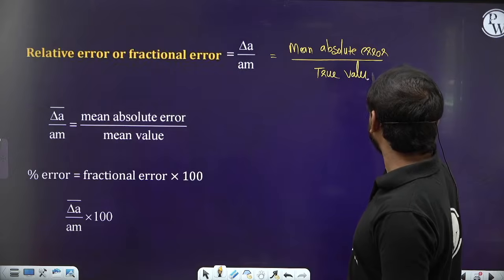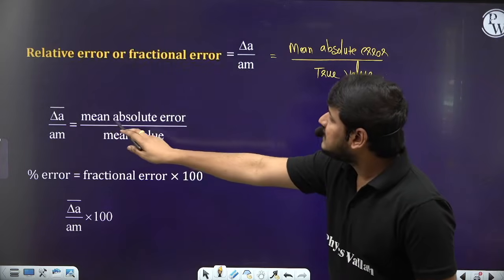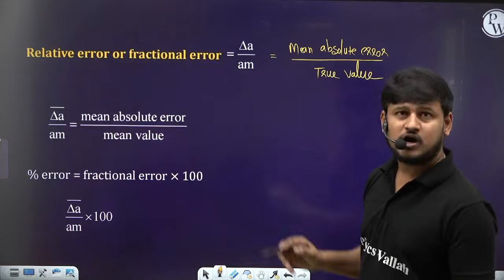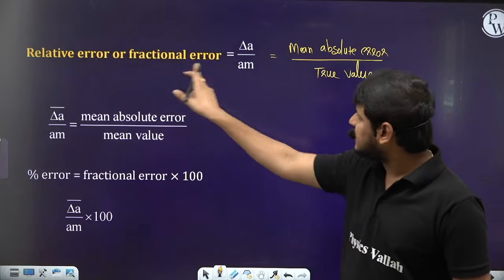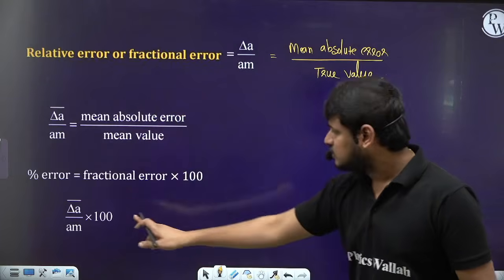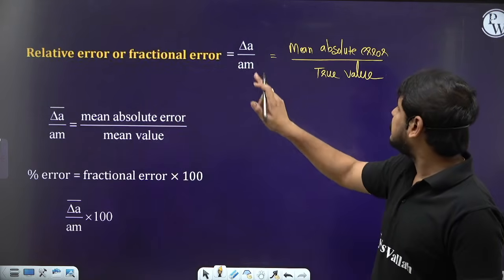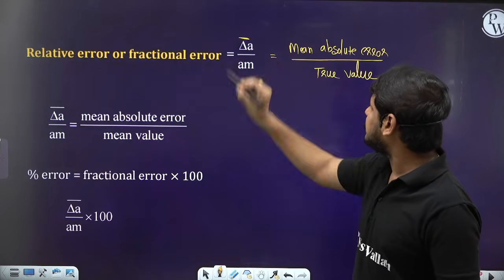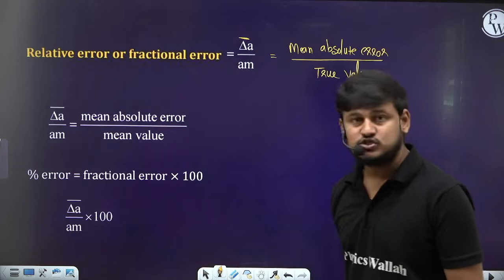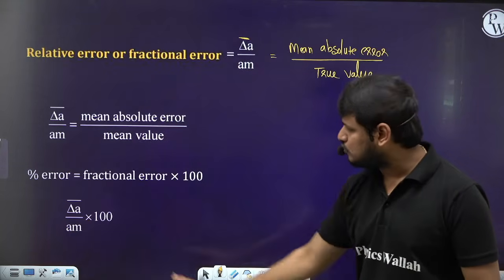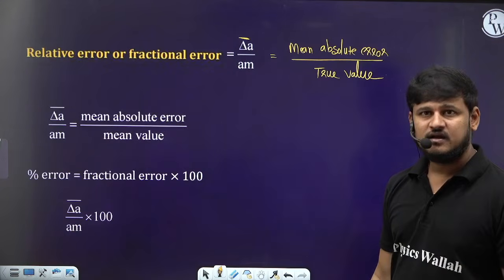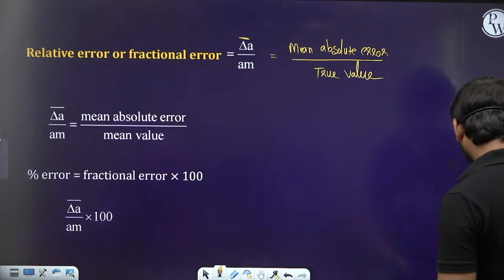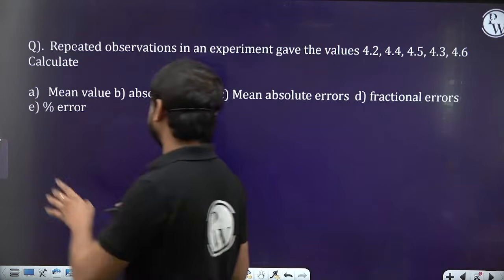Mean value or true value, it's the same. If you need the percentage, just multiply the fractional error by 100. So the fractional error is delta A bar by AM, where AM is the true value, into 100. Done? Clear? Chalo. Let's take one question, so then you will understand the complete errors.